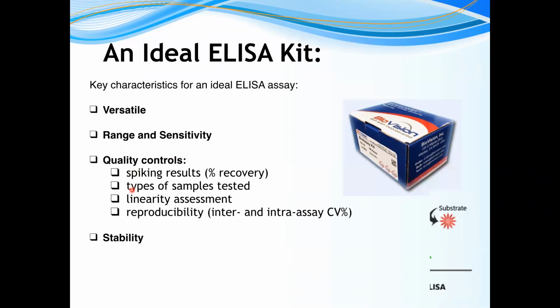Then some of the important other characteristics that make an ELISA kit ideal is the quality controls, which includes spiking results, types of sample tested, linearity assessment, and reproducibility, which includes inter and intra-assay percentages.